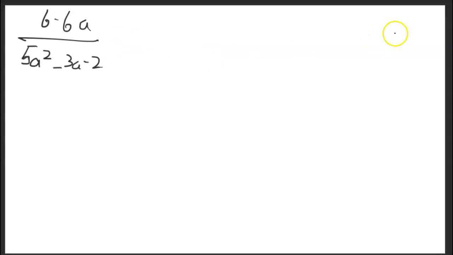I mean, this would be like you had 24 over 36 and it said reduce. Okay, simplify the fraction, reduce it to its lowest terms. Okay, so that's what I want to do here. All right, I want to reduce it to its lowest terms. Generally speaking, when I'm asked to simplify an algebraic fraction like this, I need to factor, right?